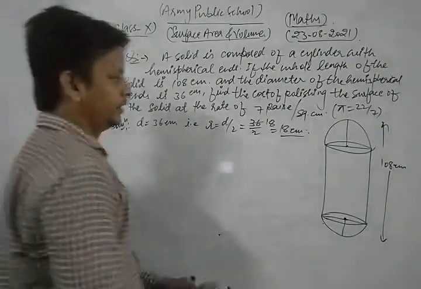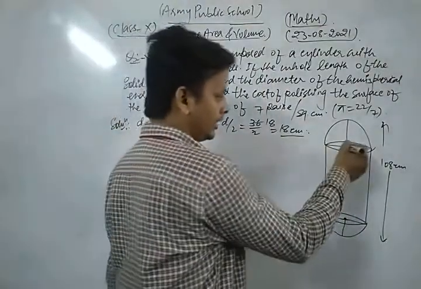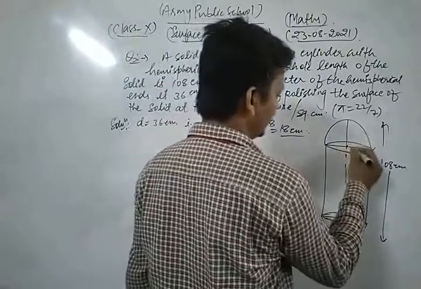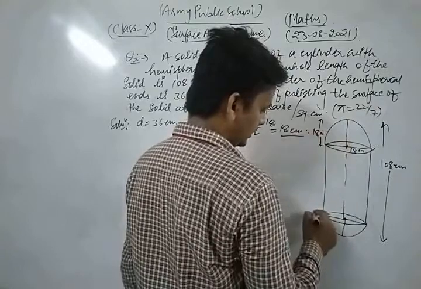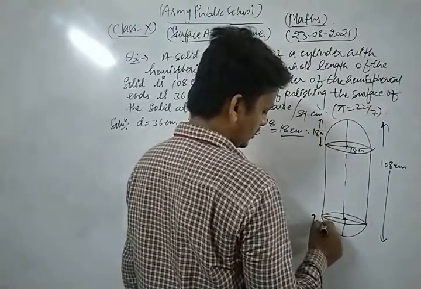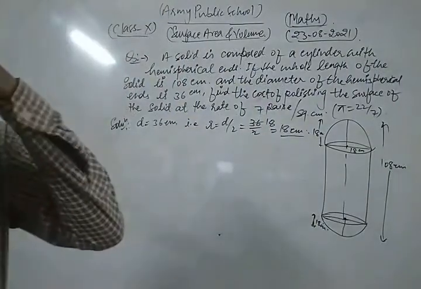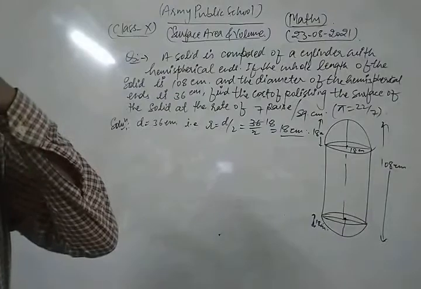Now first of all we find the height of the cylindrical portion. This is the radius, 18 centimeter, and this is also 18 centimeter.